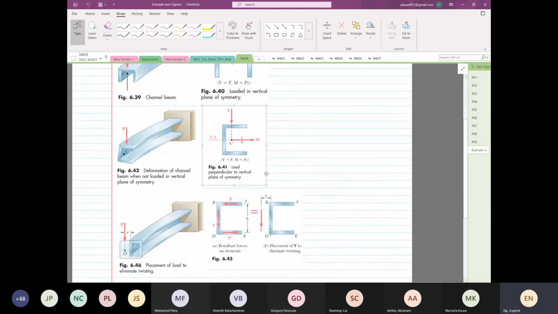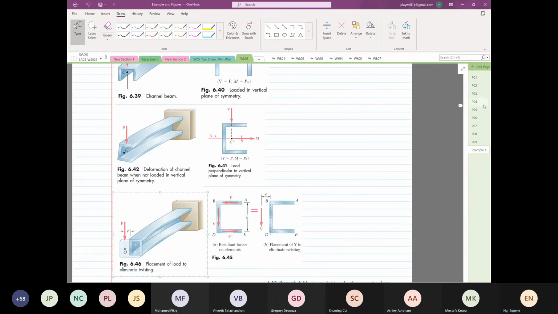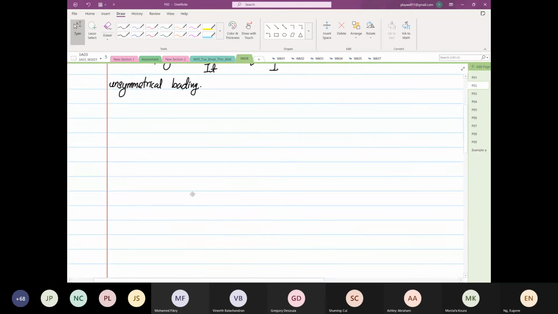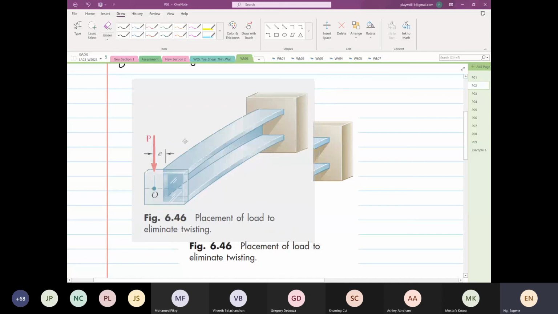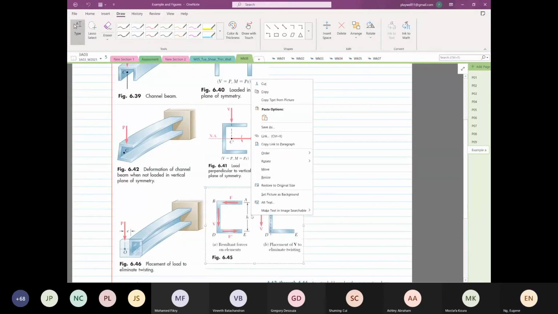I'll get you the image, and you can see better. So this is the image I'm going to use.